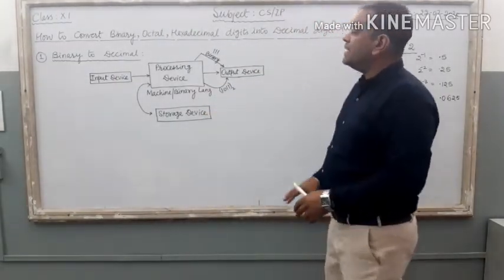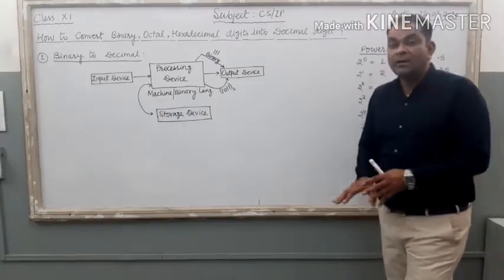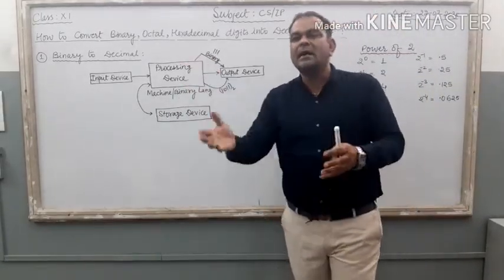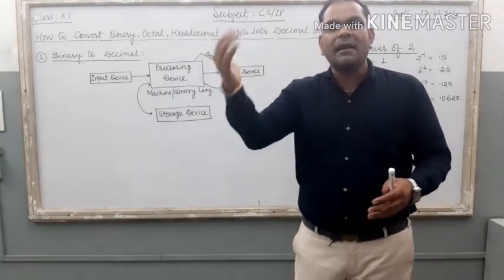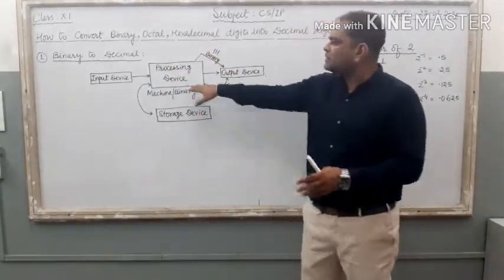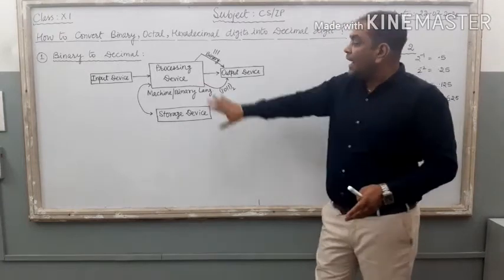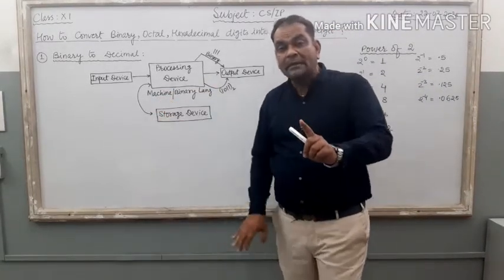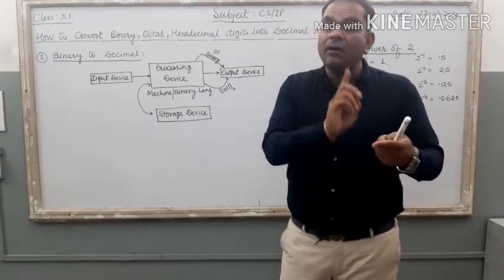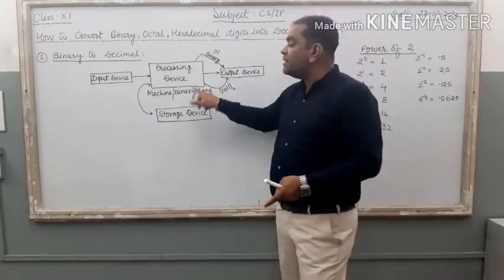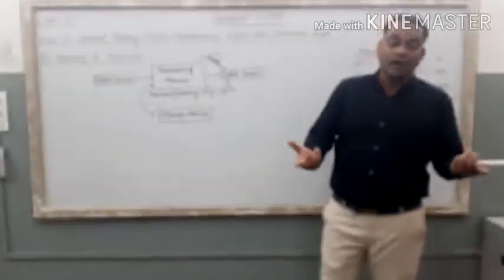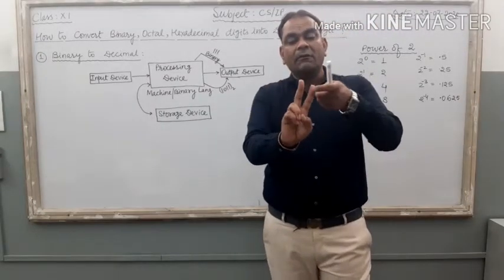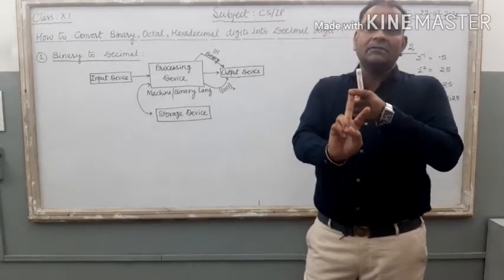These four devices are inside a computer system, and we know that the processing device of our computer, that contains a processor, RAM, ROM, the motherboard, works on machine language only, or we can say binary language only. Binary language means there are only two symbols. The first one is 0 and the second one is 1.